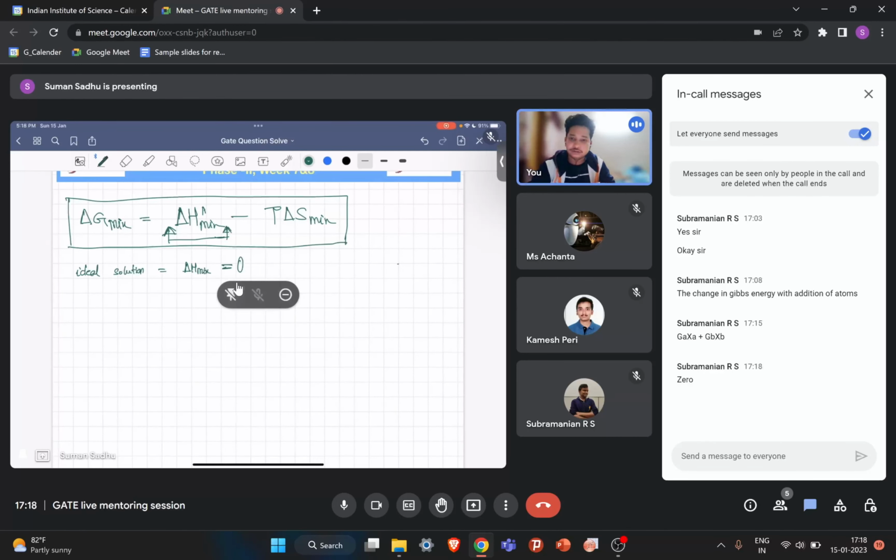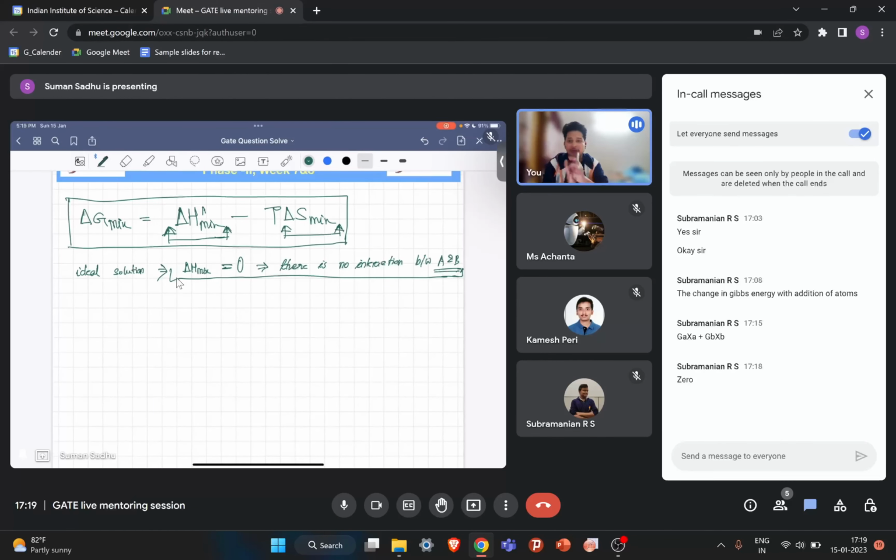So for an ideal solution, delta H mix is 0. Delta H mix 0 means there is no interaction between A and B. But still, your free energy decreases because of the configurational entropy. Okay, so this delta S mix is because of the configurational entropy.